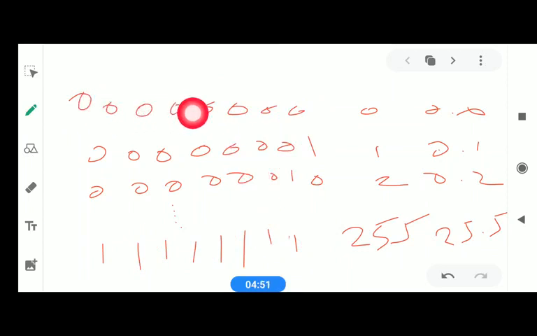Let's assume the analog equivalent for the digital input zero is 0.0, and the analog equivalent voltage for the digital value 00000001, for which the decimal value is 1, is 0.1.